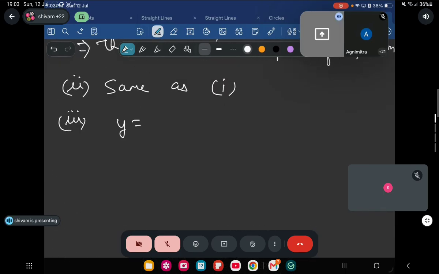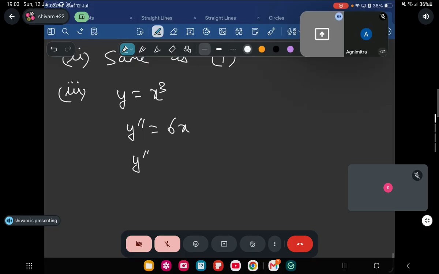Okay, so Agnimitra, see over here y equal to x cube. Y double dash will be equal to 6x, right? So y double dash at x equal to 0 will be equal to 0. Now tell me, y double dash at x equal to 0 plus what will happen? Positive.